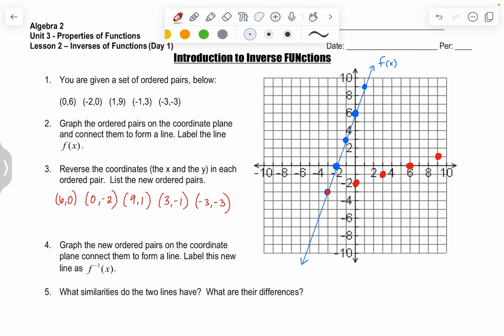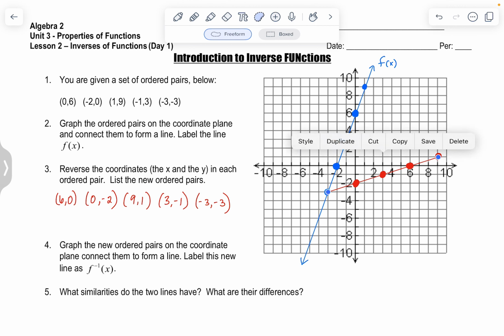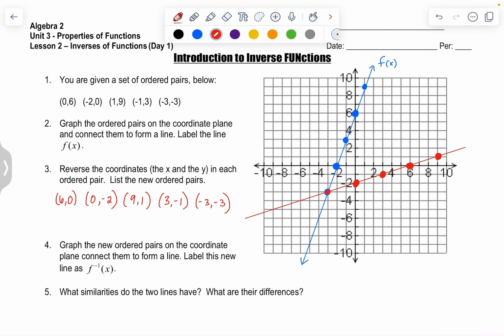And then I'm going to create another line. There's my line, and they want us to call that f. Just like the blue one was f, this one is also f, but this one has a -1. So that is the inverse of f, which is how you pronounce that, f to the -1.